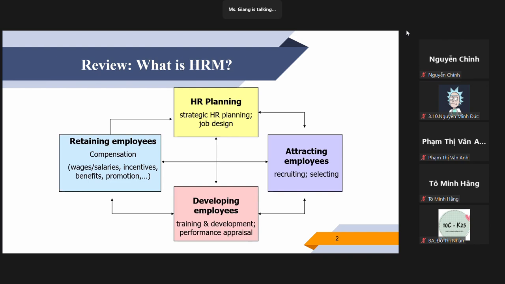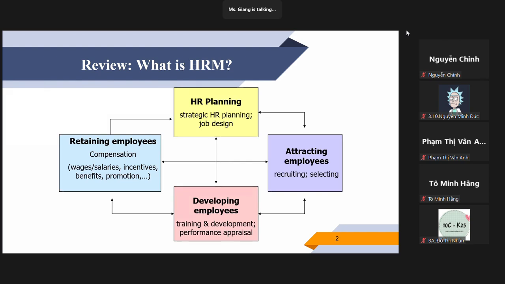And the last one is retaining employees. In retaining employees, the manager needs to develop a lot of compensation policy. For example, we can have the policy of wages, salaries, incentives, benefits, or promotion. In today's topic, we will focus on retaining employees. It means that we will find out how many ways to make employees be motivated.